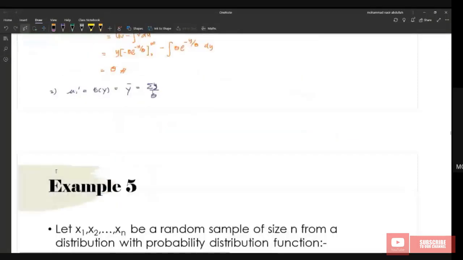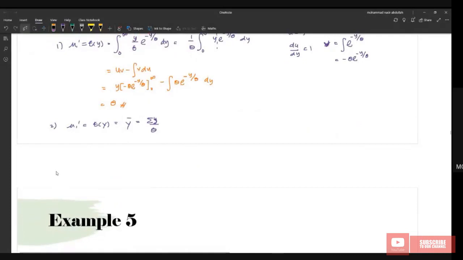So then we know that it's y over theta. This is going to be the summation of y divided by n, right? And we know that the expected value of y is equal to theta. So based on this step number 2, we know that theta hat is equal to the summation of y divided by n, which is equal to y bar.